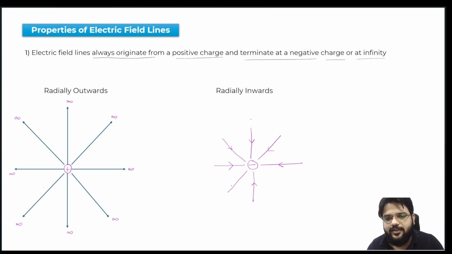And from where are they generating? They are generating from infinity. This thing we are assuming.